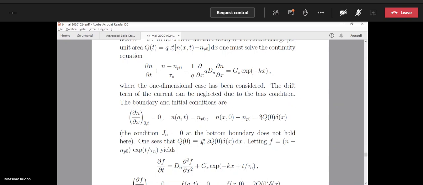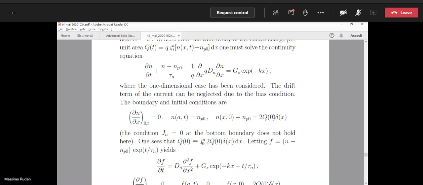And finally, since the equation with respect to space has the second derivative of n with respect to x, we need another condition, okay? And this other condition is, for instance, the derivative of n with respect to x at any instant of time at the surface.